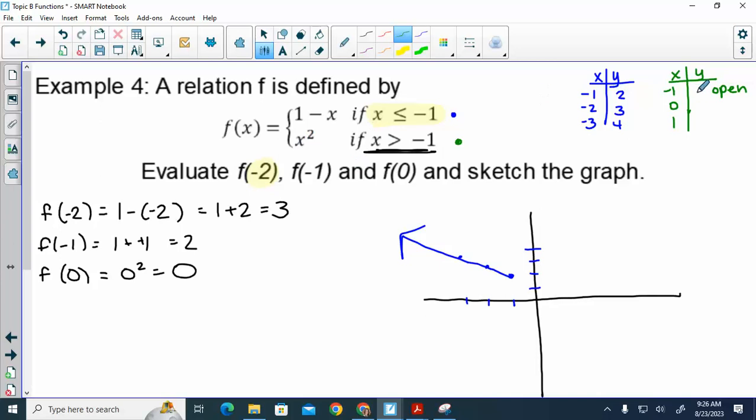Alright, so -1 squared is 1, 0 squared is 0, 1 squared is 1. So -1, 1 is open. 0, 0, 1, 1. If you didn't know what it looked like from here, you could always put in more. If you put in 2, you get 4. So we see we started here, and then we're getting a parabola.